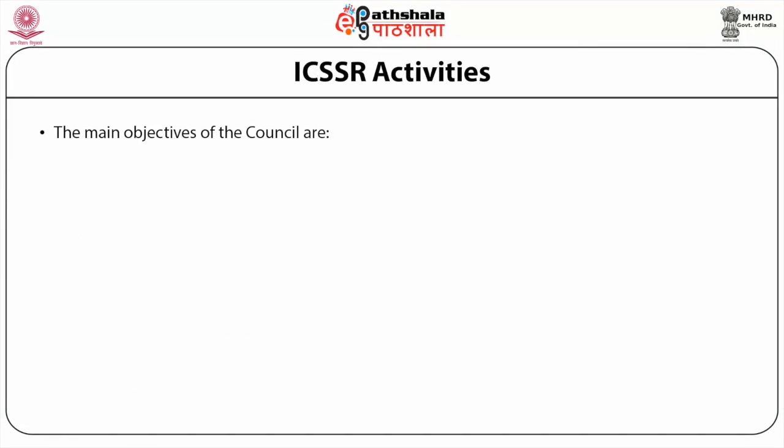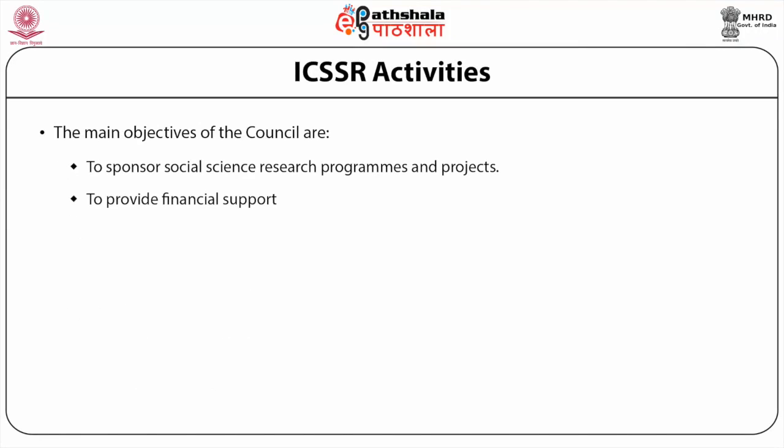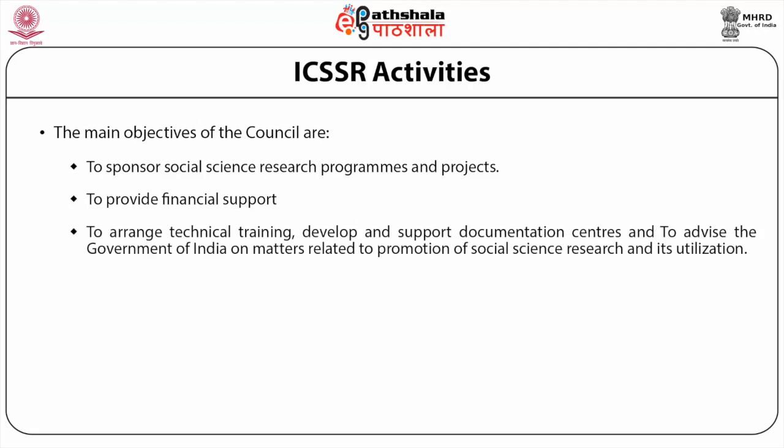The main objectives of the ICSSR are to sponsor social science research programs and projects, to provide financial support, to arrange technical training, develop and support documentation centers, and advise the Government of India on matters related to promotion of social science research and its utilization.